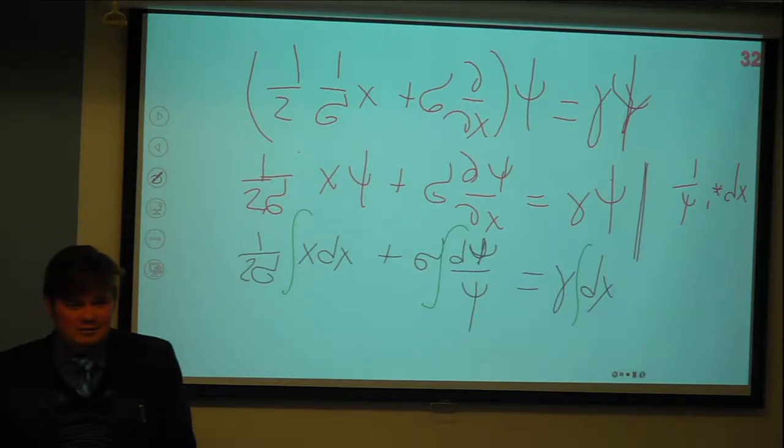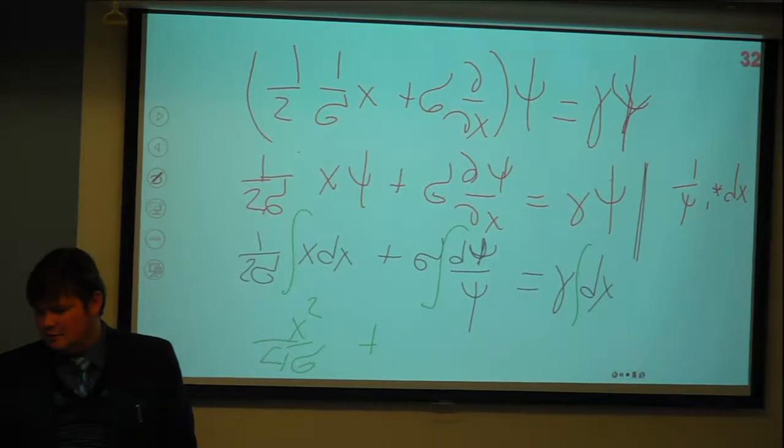Integration, right? So what is the integral of x dx? X squared over 2. Immediately, 4 sigma. What is the integral of d psi over psi? Natural log of psi, or the absolute value of psi.